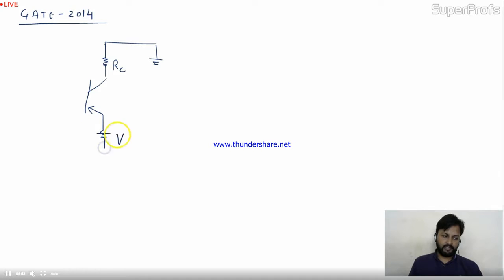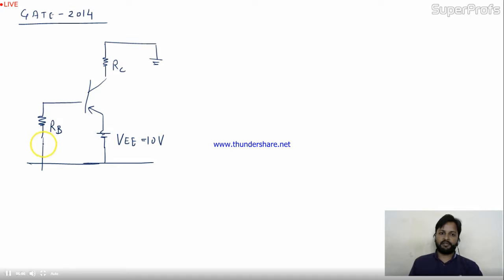The battery over here is VEE and 10 volt is given. This is ground. And in the base, I have base resistor RB. This is the PNP transistor. Over here, I have V0.